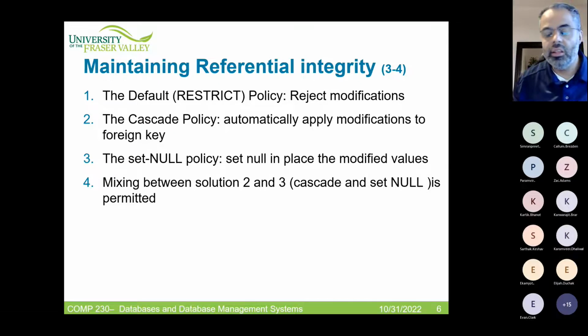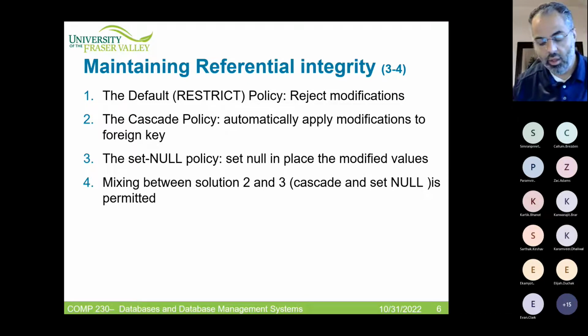So there is something we call the cascade policy, which automatically applies the modification to the foreign key. So if the primary key is modified, the foreign key, which is a copy of this primary key, is automatically updated. This is the optimal case.